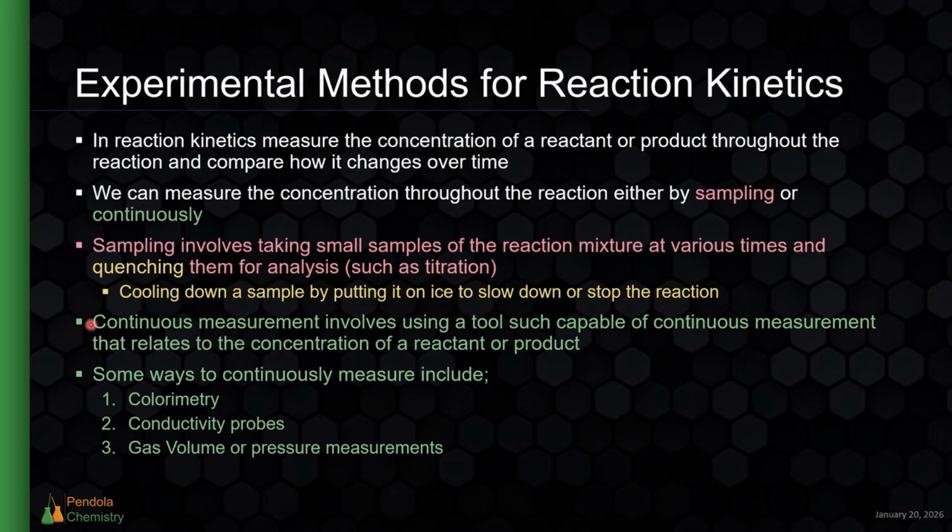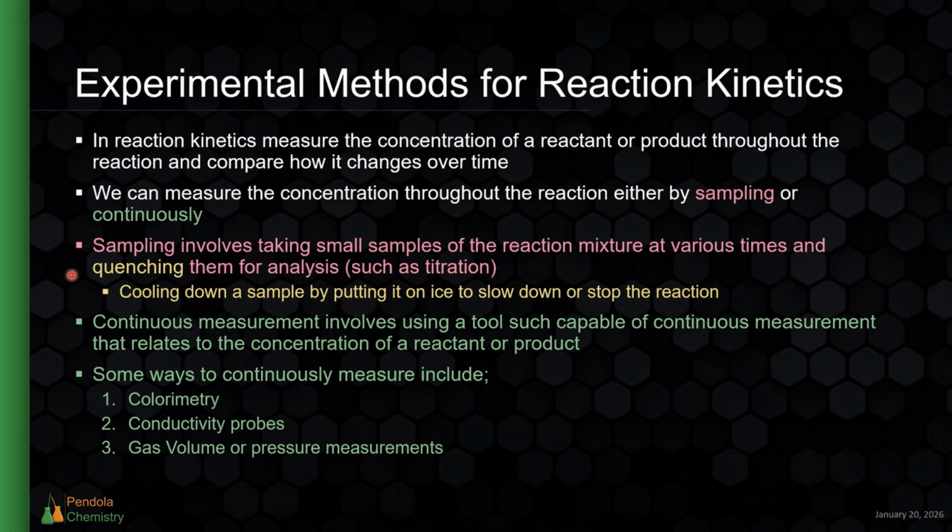So in order to circumvent that, we can also use what is called a continuous measurement experiment. A continuous measurement experiment involves some kind of tool like an electrode, or a few other things that we're going to look at in a second, to continuously measure the concentration of the reactants or products in real time.